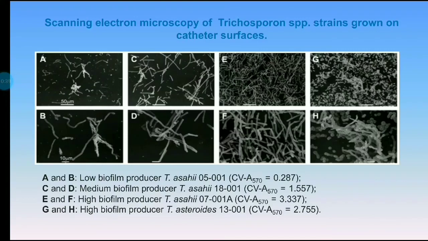Especially G and H can resist antifungals because they have a mature, rigid, strong extracellular matrix. It can be very difficult for the antifungal to reach and kill them.